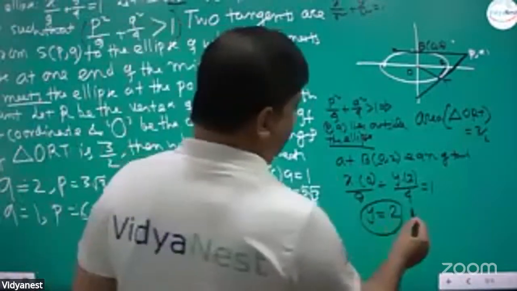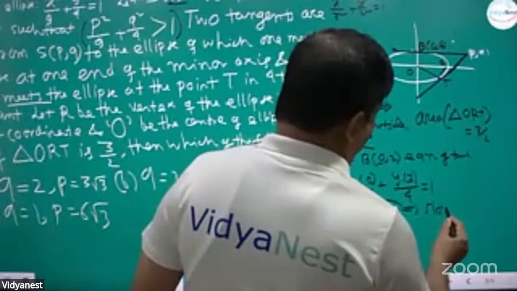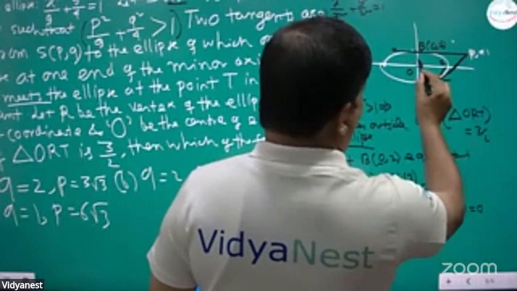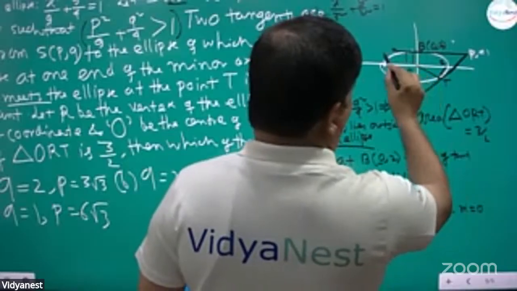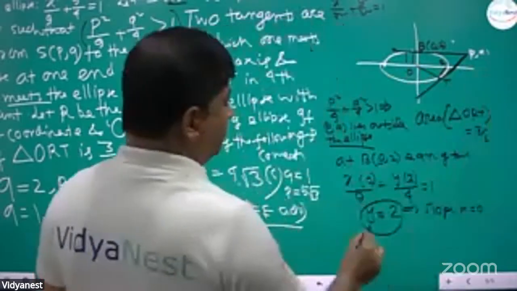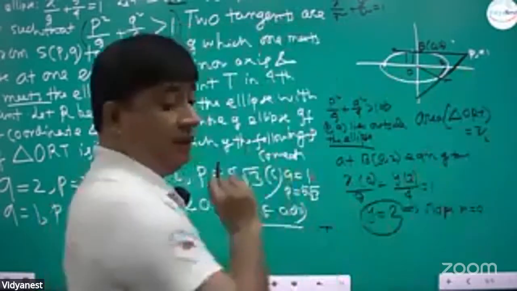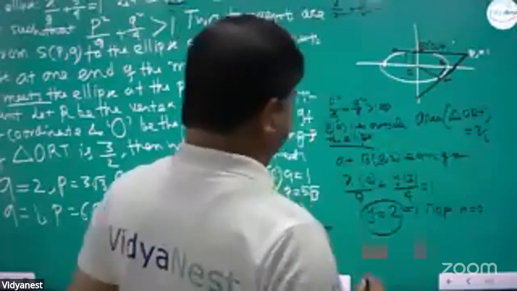And slope m is 0. M is 0 means y is equal to 2, means the line is parallel to the x-axis, clearly visible.